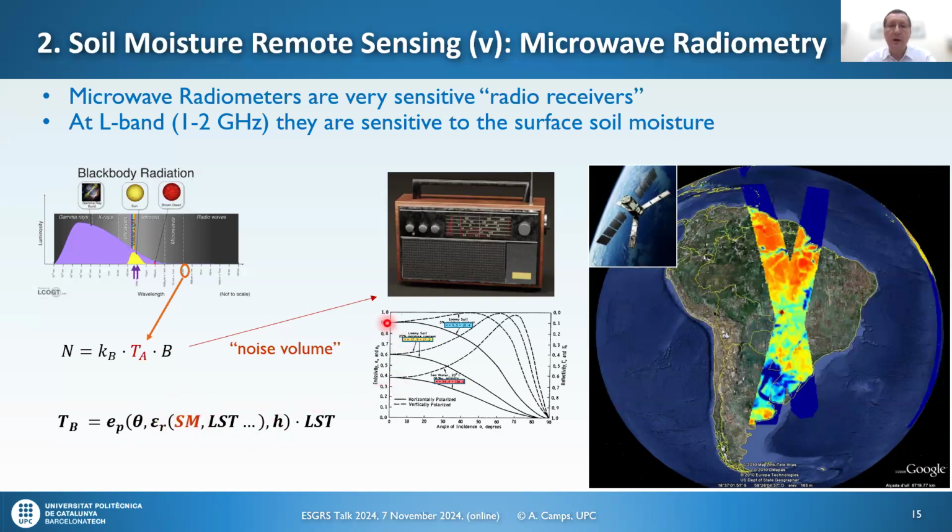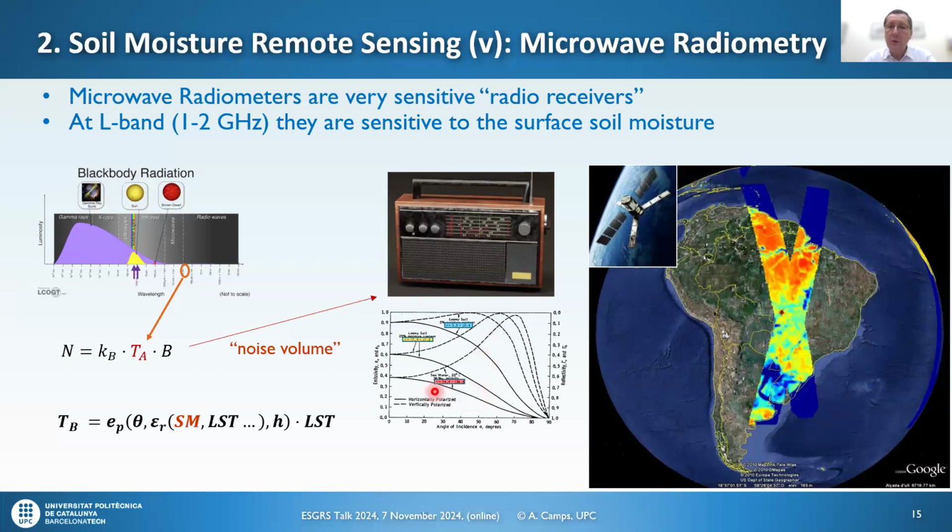So here you have a plot of the emissivity as a function of the incidence angle. These families of curves that go by pairs: this is the emissivity at vertical polarization as a function of the incidence angle, this one is at horizontal polarization, and this is for water. So you see, there is a difference between the two.